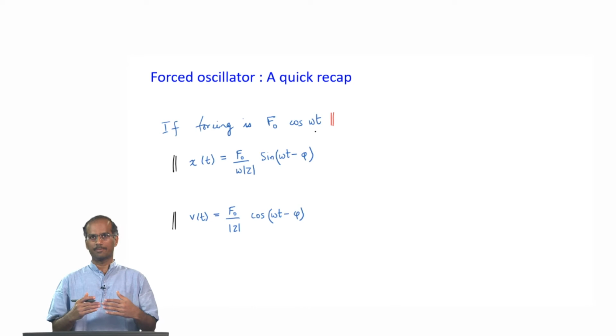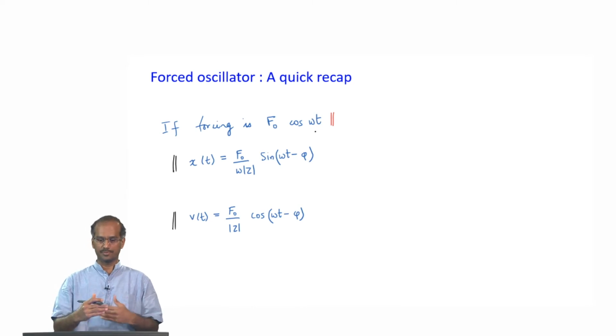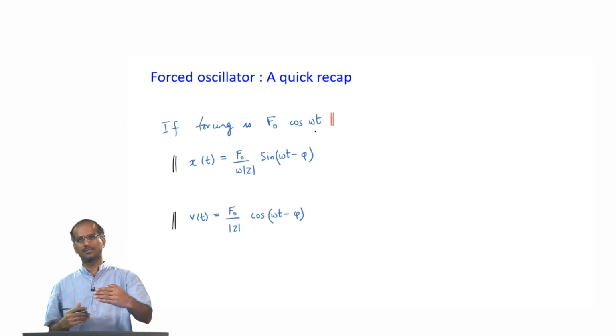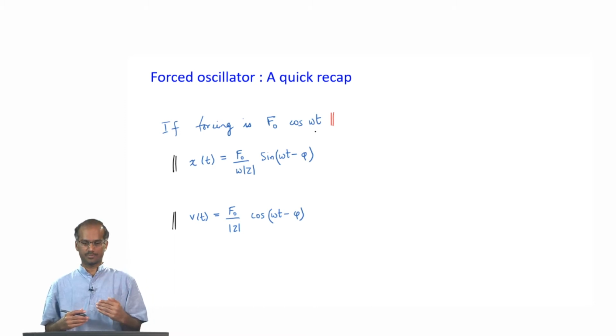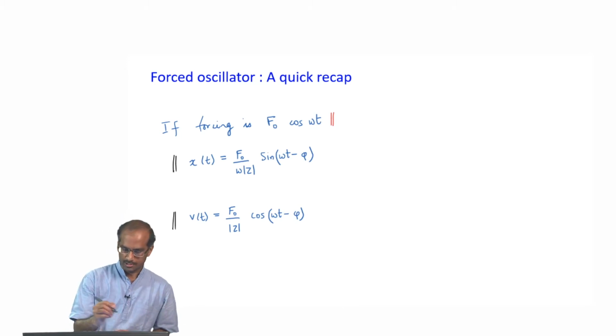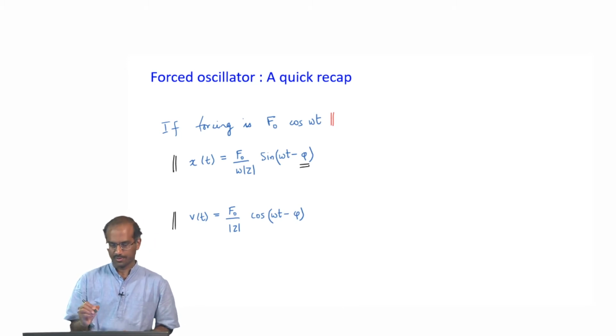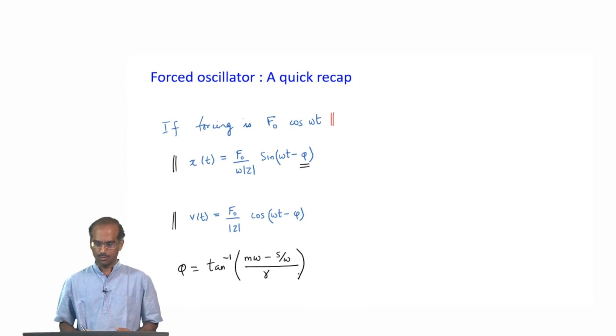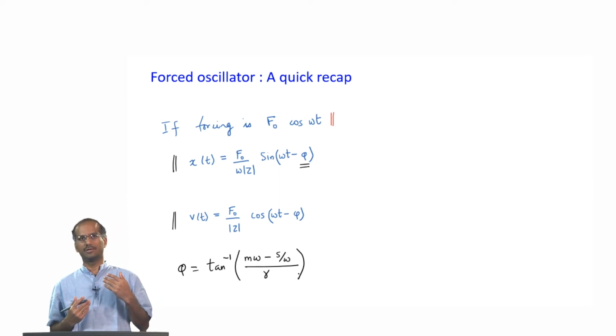So, clearly there is a pi by 2 phase difference between the forcing and the displacement. In addition, there is also an additional phase difference of phi. So, you can always adjust phi to be 0, but still there would be a phase difference of pi by 2 between the forcing and the displacement.